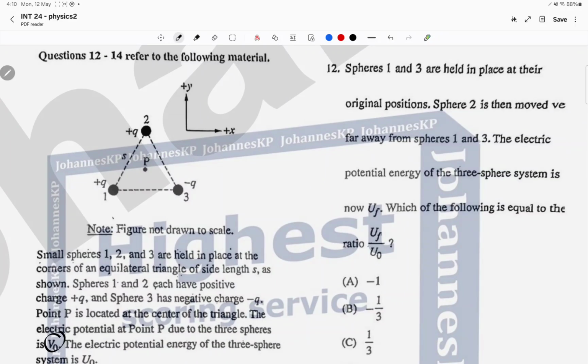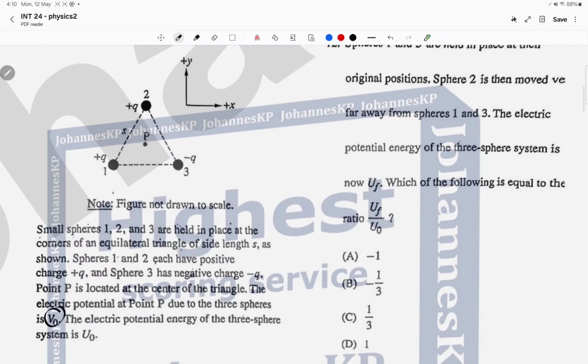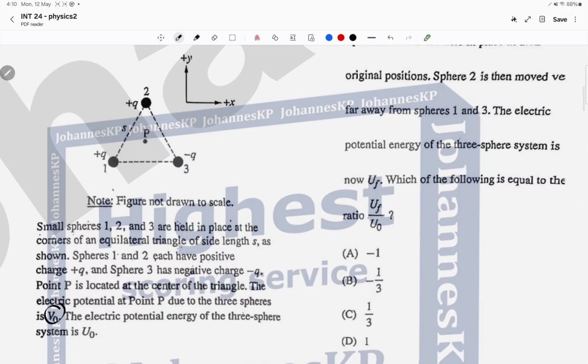Sphere 2 then is moved far away from spheres 1 and 3. Which is now F. What's the ratio? If it's moved farther away, do we care about it now? No. So, first of all, let's do initially.